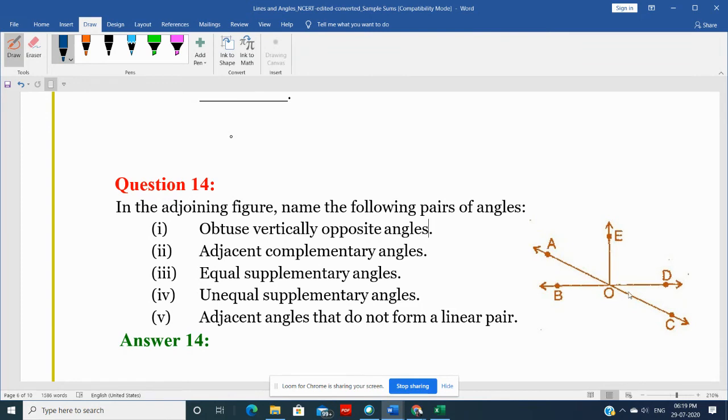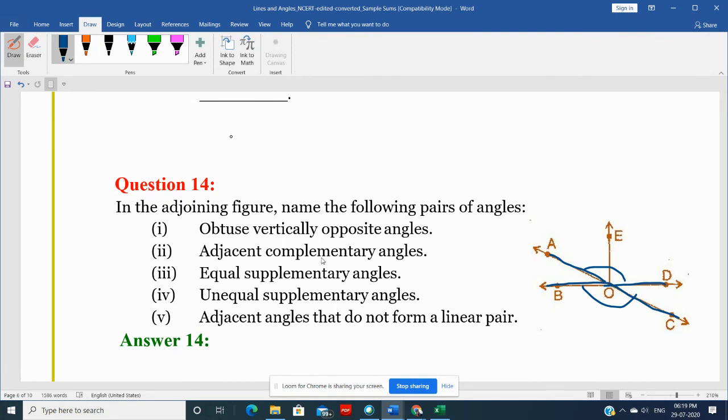So obtuse vertically opposite angle means if I take this BOC, this is an obtuse angle, right? And now if I want to make the vertically opposite angle, I can just join this, all right? So AOD and BOC. They both are vertically opposite as well as obtuse angles.